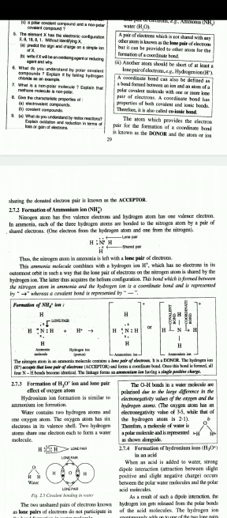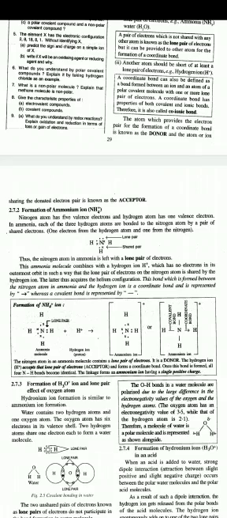The bond formed between the nitrogen atom in ammonia and hydrogen is a coordinate bond, and it is represented by an arrow, whereas a covalent bond is represented by a line.